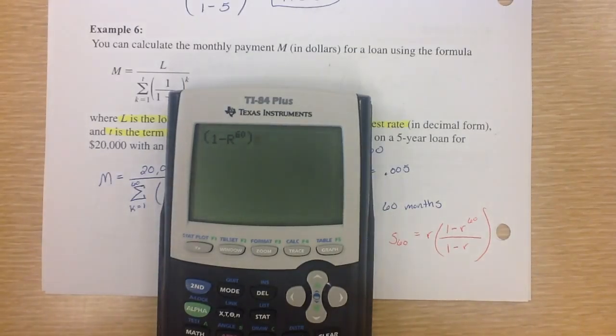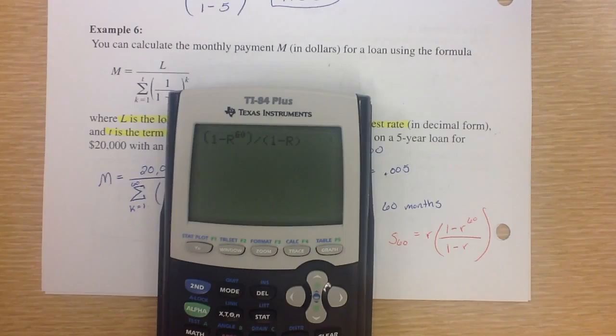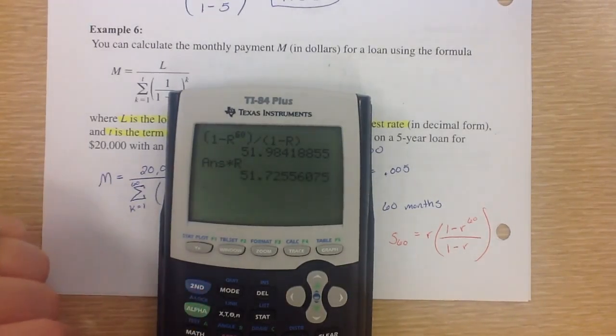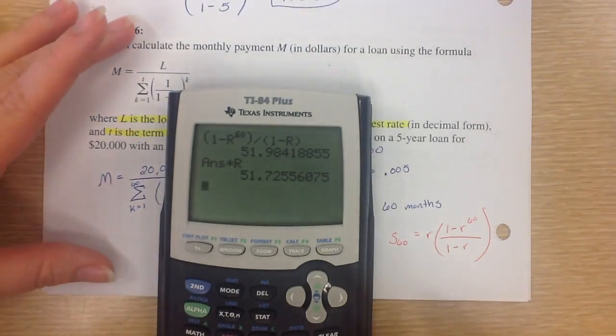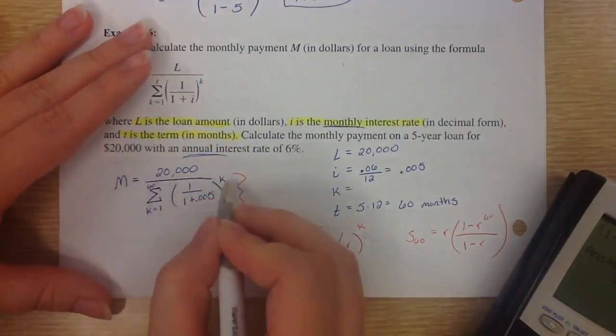So there's 1 minus r to the 60 divided by 1 minus alpha, oh, wrong button, alpha r. And that's what I get, and we want to multiply that times r, alpha r. 51.72 blah, blah. Okay, so that is what this is down here.